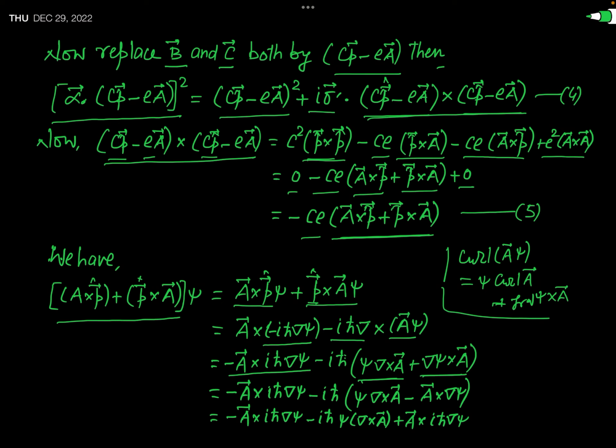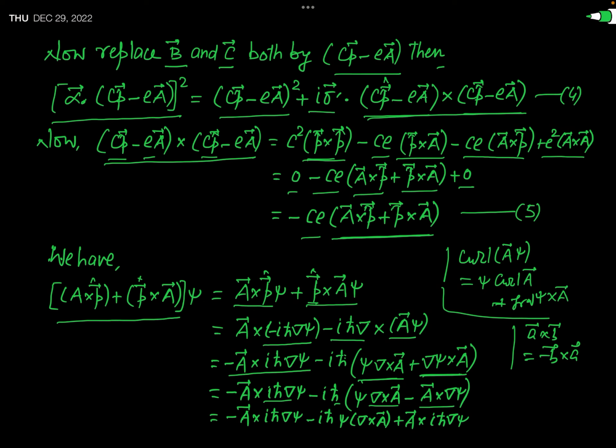Okay? Now again this first term remains as is, and see here this is minus i h bar psi del cross A, this remains as is. But you know that the vector product of two vectors is not commutative. A cross B, you know, is equal to what? A cross B is equal to minus B cross A, you know. And so this del psi cross A can be written as minus A cross del psi, okay?